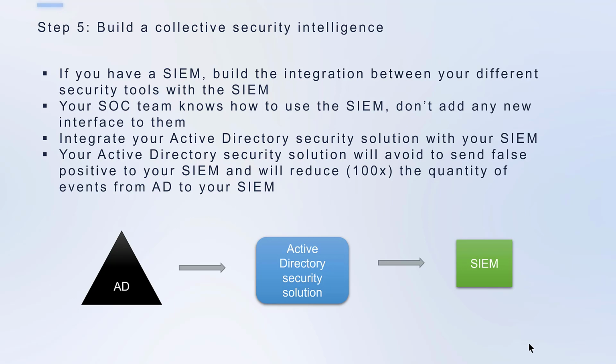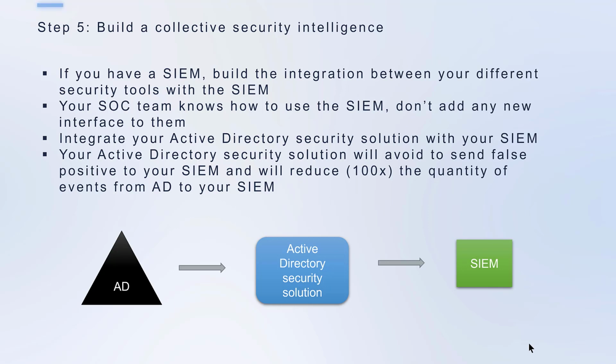And if you put an AD security solution between your AD and the SIEM, you will be really more efficient, because you will reduce dramatically all the content. It could be, let's say, 100 times less, sometimes more. So you will send only what is relevant to your SIEM.